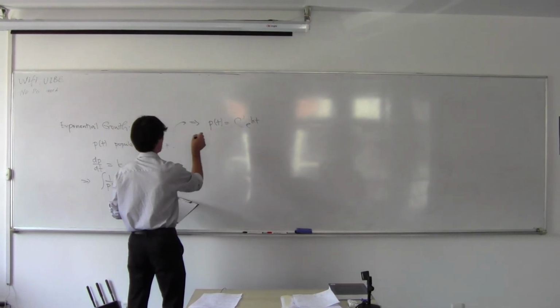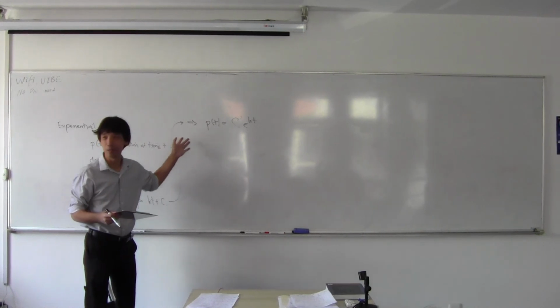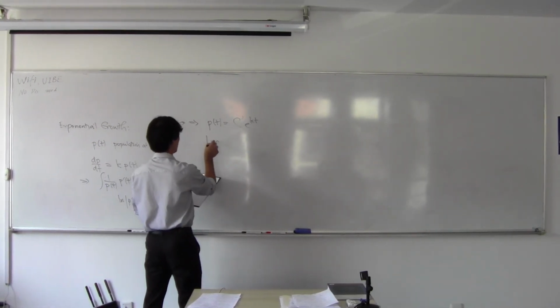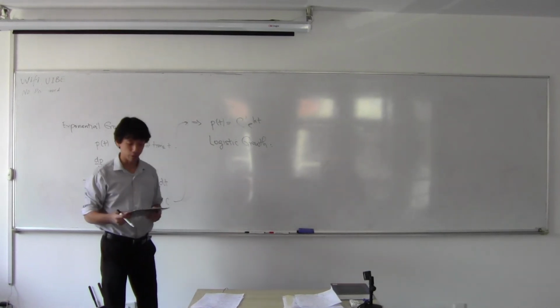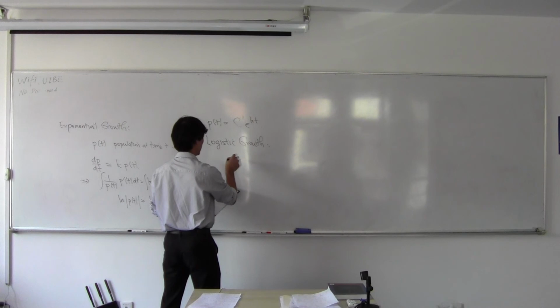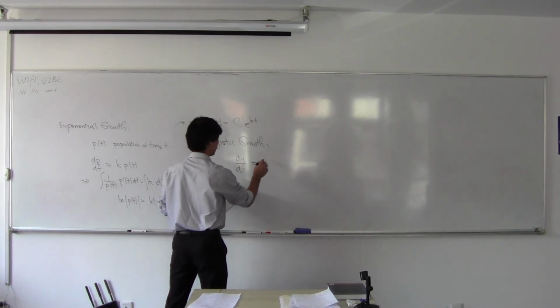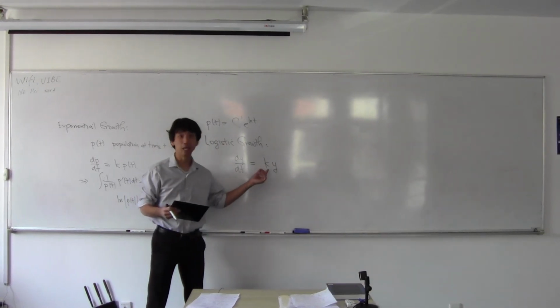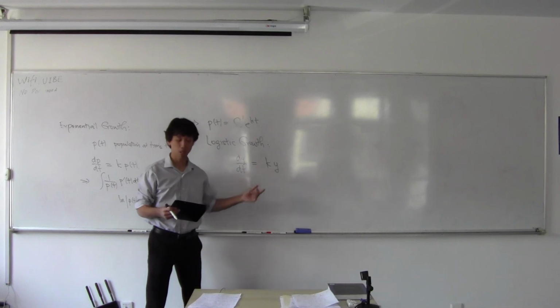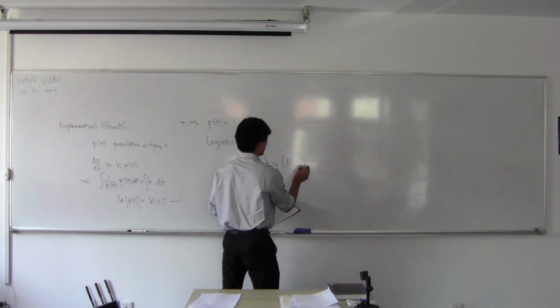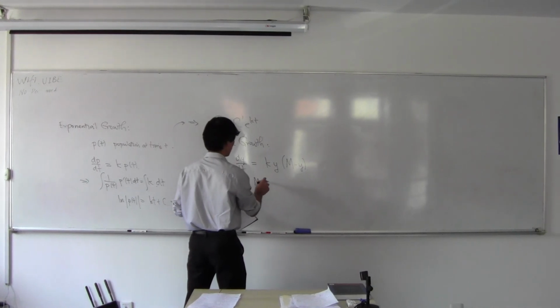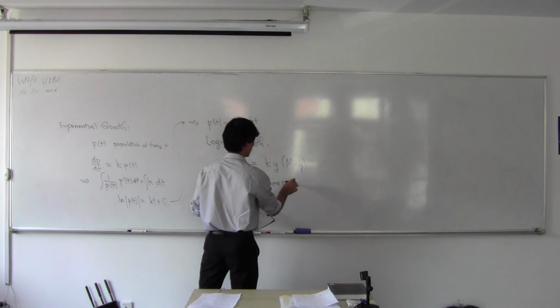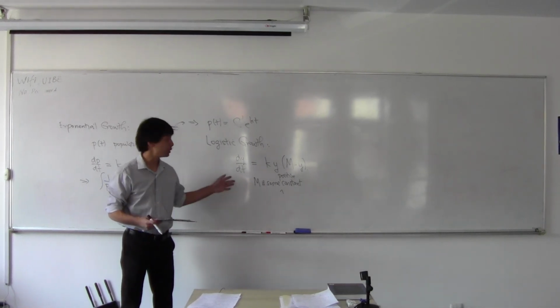So for a slightly better model, there's this thing called the logistic growth model, and the assumption you make there is that the derivative equals, again, k times the population at that time, but you throw in another factor, m minus y, where m is some positive constant.